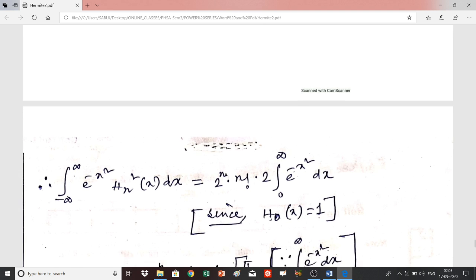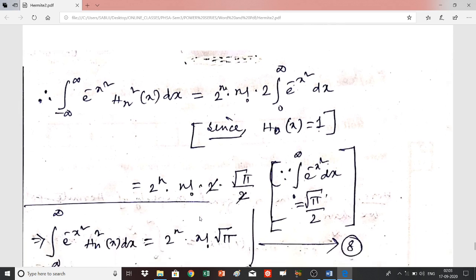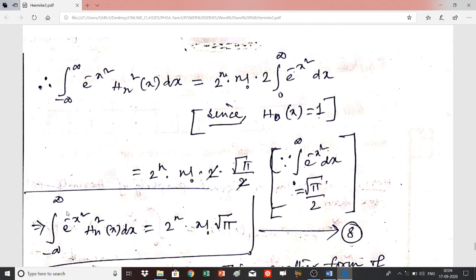Since h0 x is equal to 1, the value of this integration is root pi by 2, into 1. So the integral from minus infinity to plus infinity e to the minus x square hn square x dx is equal to 2 to the power n factorial root pi.